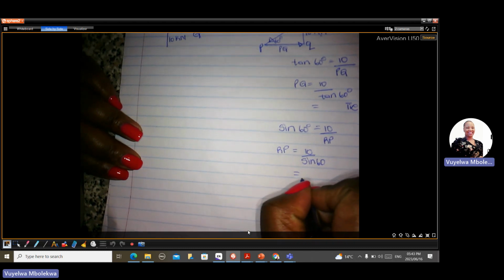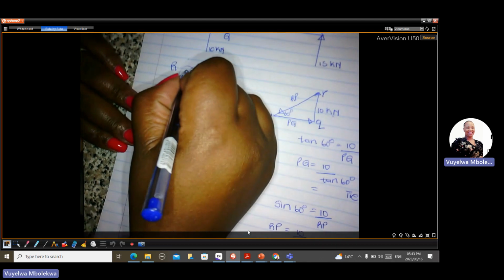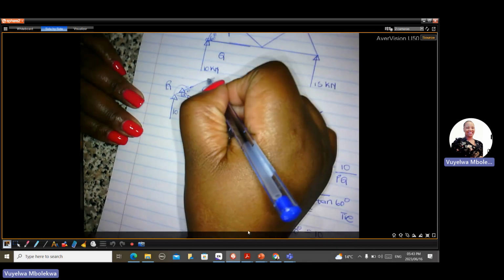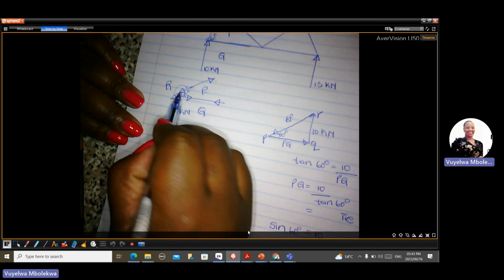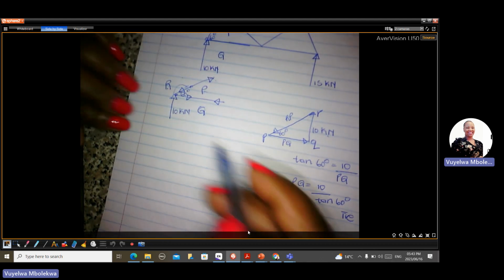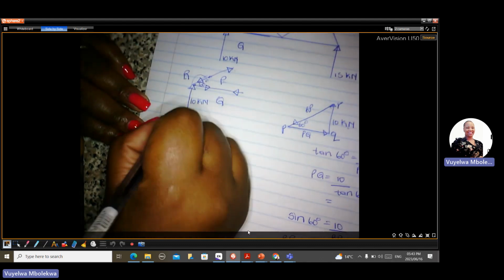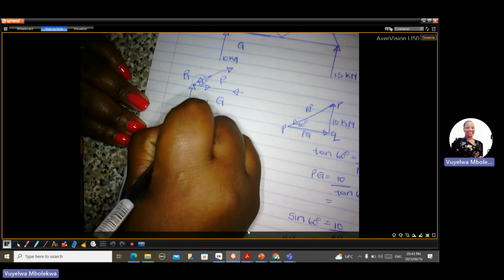You calculate, and you take the direction back to the framework, put it closer to the joint, and the other one the opposite side. And if it looks like that, it's a strut. Okay, it's a strut.